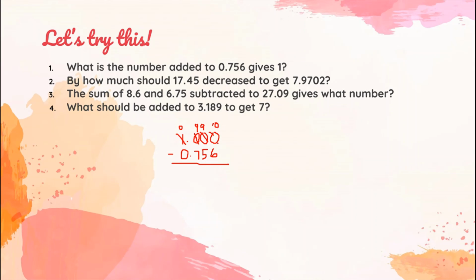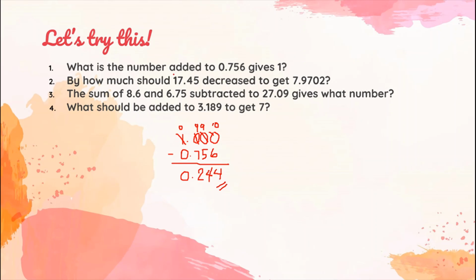Now let us subtract: 10 minus 6 is 4, 9 minus 5 is 4, and 9 minus 7 is 2. Align the decimal point, and 0 minus 0 is 0. So we already have the answer. The number that we're going to add to 0.756 to give us a whole number 1 is 0.244.